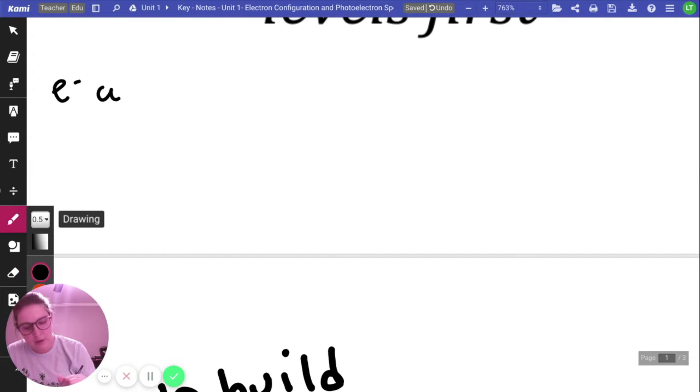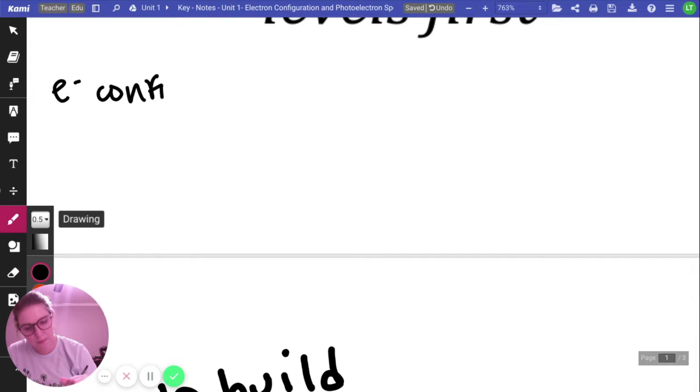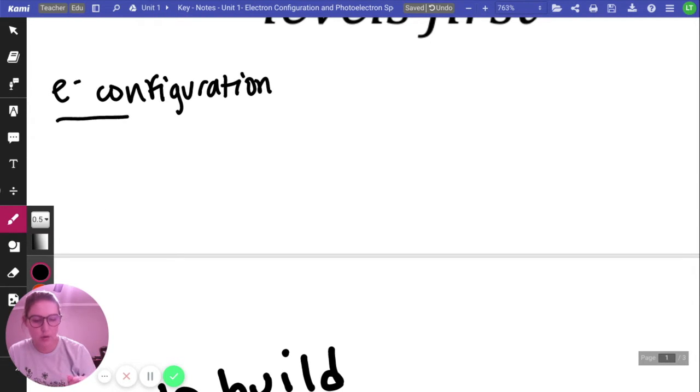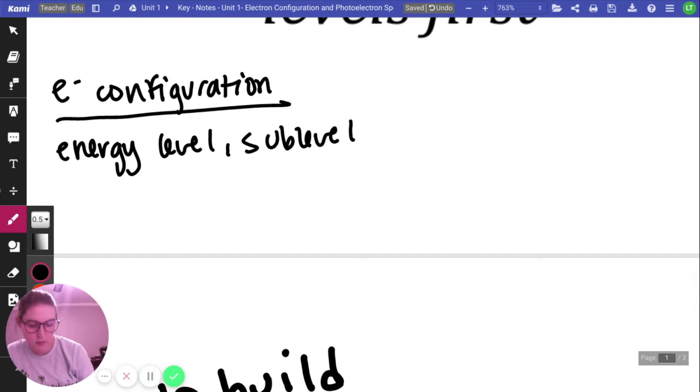So electron configuration. In just our normal electron configuration, our energy level, sublevel, and number of electrons is represented.